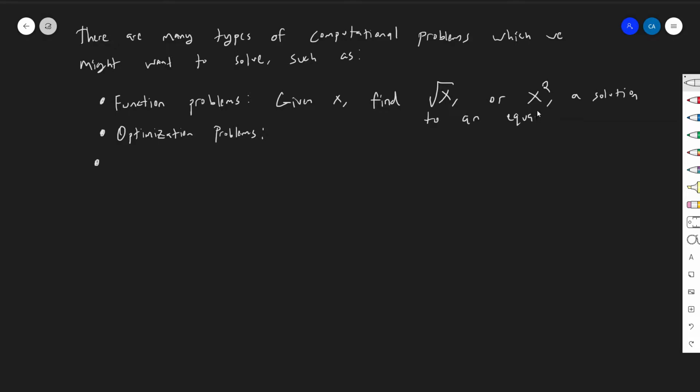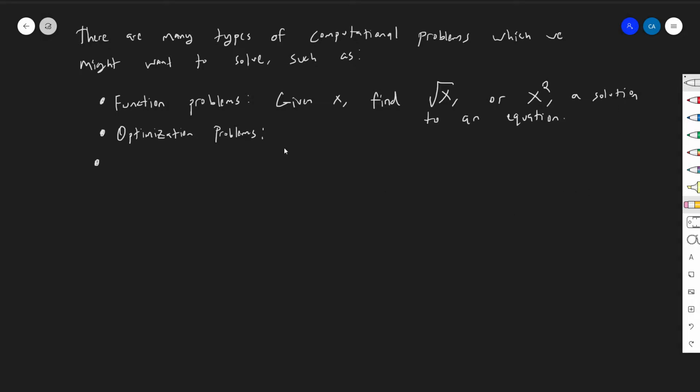You can even think of that as a function problem. You can think of all kinds of problems as function problems, but this is the obvious thing, right? Given two numbers, add them. You can think of that as a function problem, where the function is plus, and it takes two inputs and spits out an output, right? So that's one kind of computational problem.